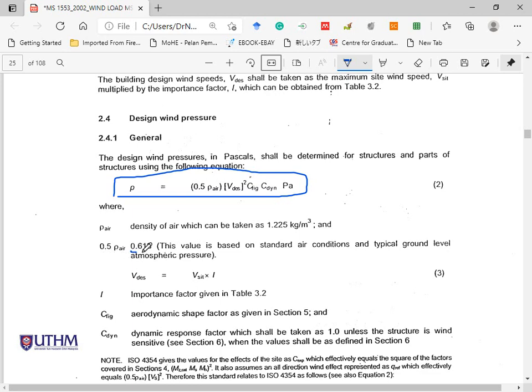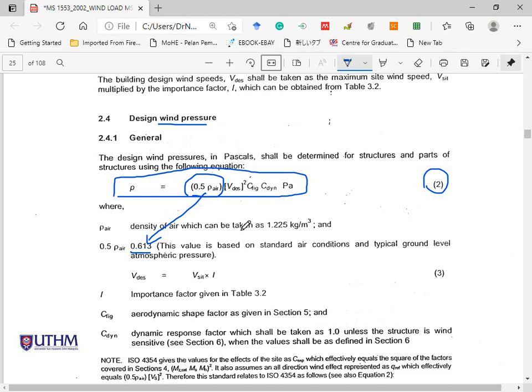So directly use 0.613 for this one. So equation 2 is for the wind pressure using the analytical method.